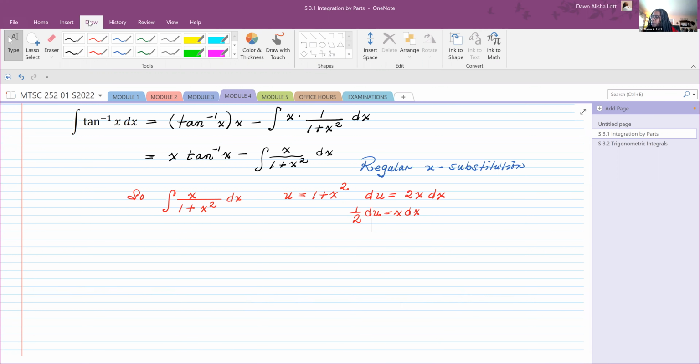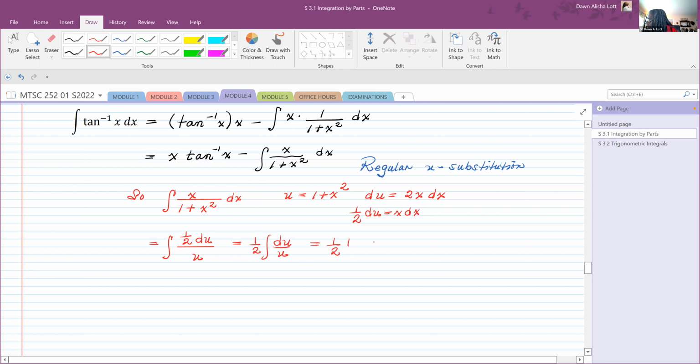This now gives me the integral, x dx is 1/2 du, and 1 plus x squared is u. So this integral is 1/2 the integral of du over u. And we know that answer. That's 1/2 the natural log of the absolute value of u plus a constant.